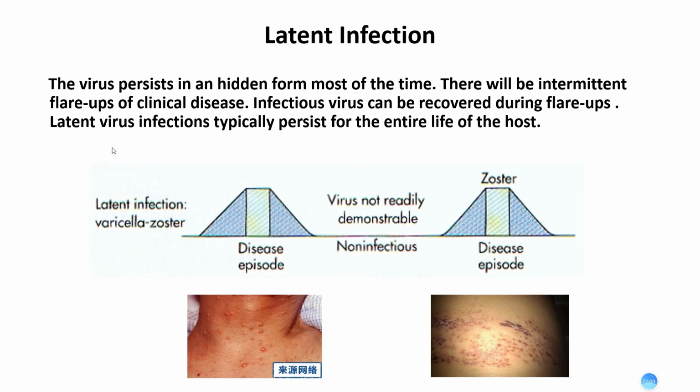Okay, another type of infection is called latent infection. And we know the meaning of latent, that the virus persists in a hidden form most of the time. And if induced, or when the person is suffering from stress or the immune system is not working well, there might be intermittent flare-ups of clinical disease.